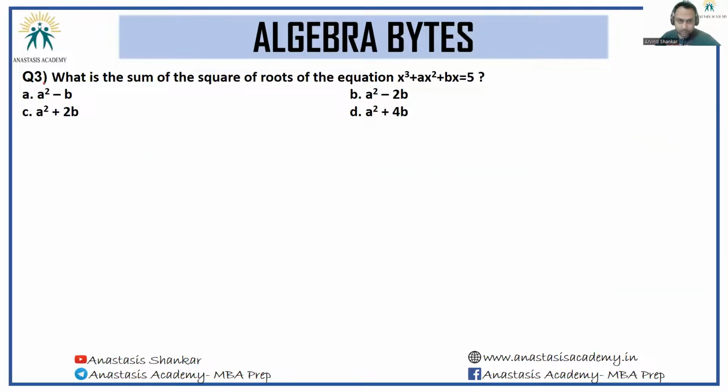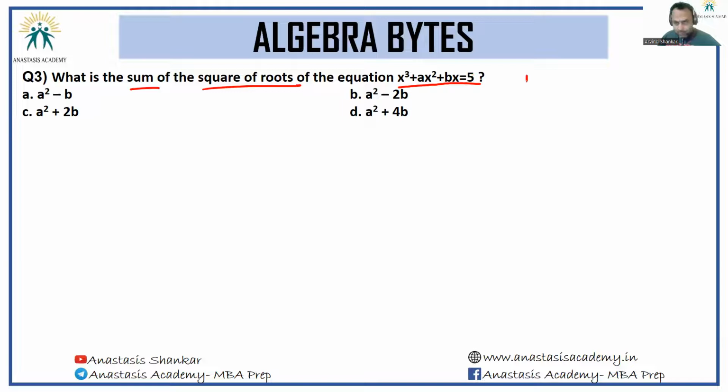Next, what is the sum of the square of roots of the equation x cube plus ax square plus bx is equal to 5? Okay, sum of the square of the roots of the equation.